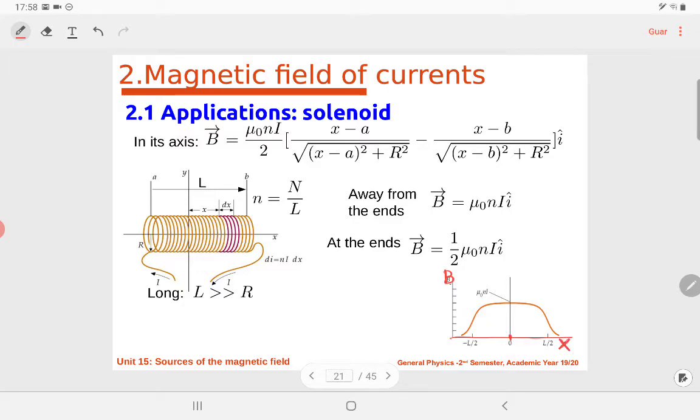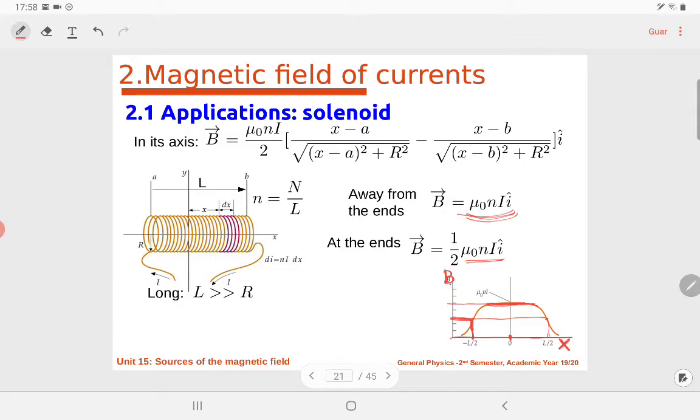This is the center of the solenoid where you have this amount of magnetic field, and then when you go away from the center, this value does not decrease much. It only decreases when you are very close to the end, okay, and when you're very close to the end, at this point here, this is just half of what you had before. This is just half the value.